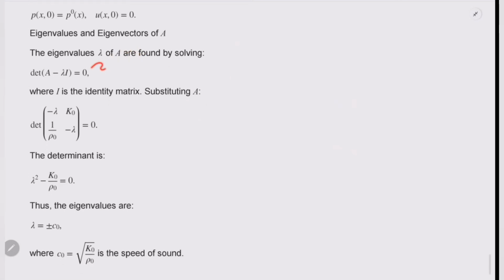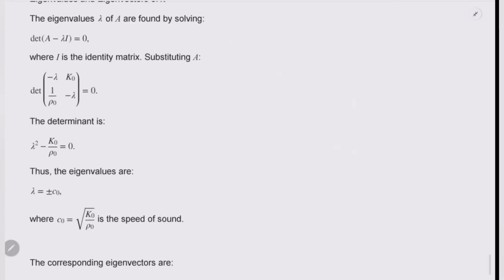So your aim is to find the eigenvalues from linear algebra. You should revise the linear algebra concept of how to find the eigenvalues and eigenvectors. If you get time, you can do that.